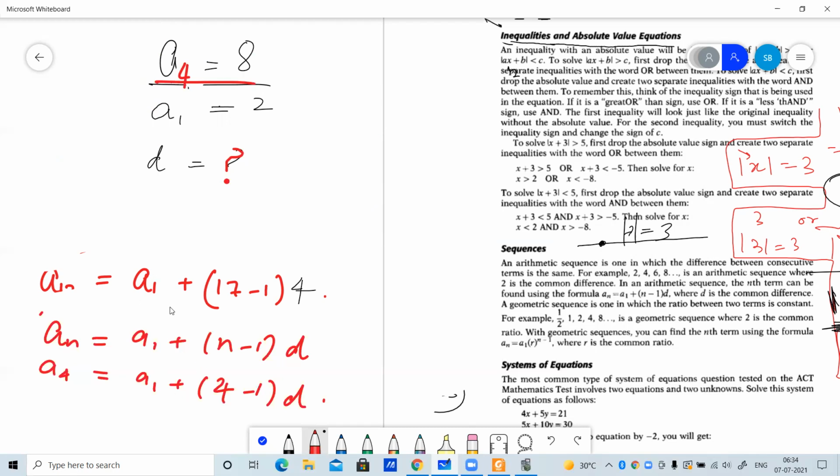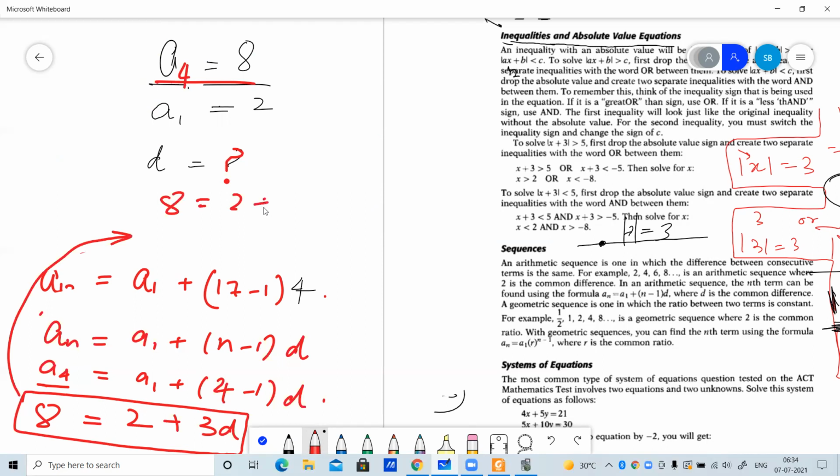But if sometimes you have sequences where you can't get it mentally, you can use the formula and calculate it. So the fourth term is 8, the first term is 2, plus 4 minus 1, which is 3, times D. So 8 is equal to 2 plus 3D. Can you solve it?